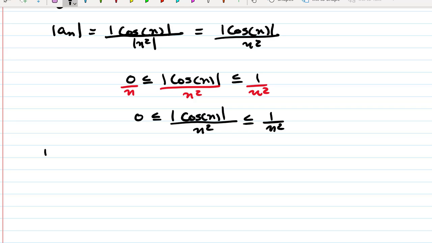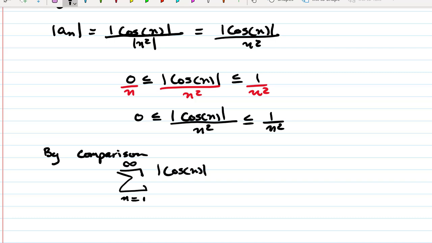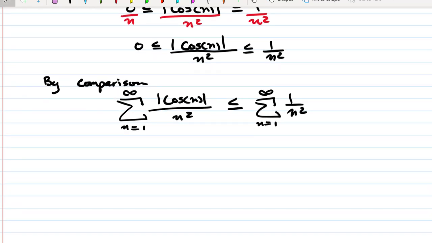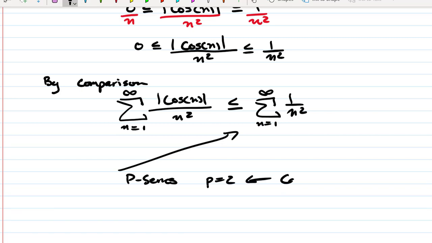By comparison, the sum as n goes from 1 to infinity of the absolute value of cosine n all over n squared is less than or equal to the sum as n goes from 1 to infinity of 1 over n squared. This is a p-series, p equals 2, so it converges.